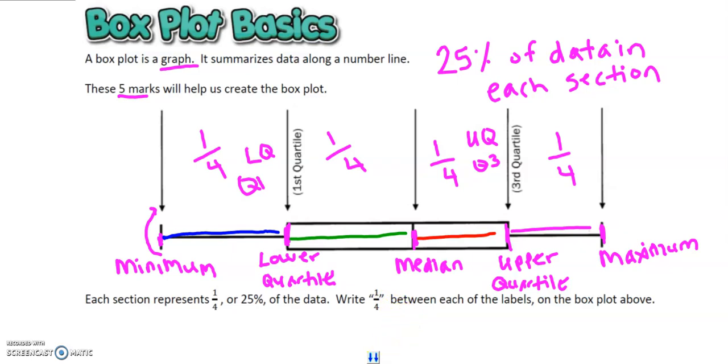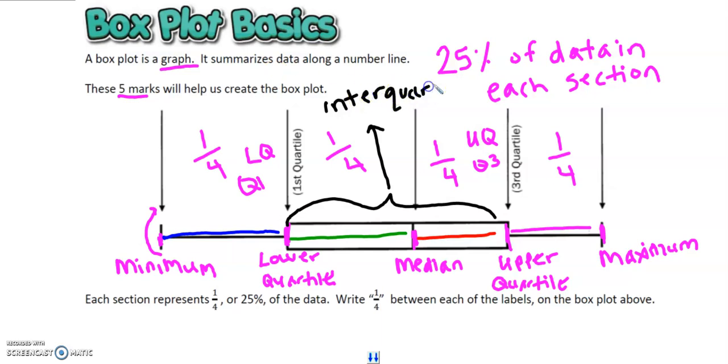One last thing I want to mention is notice this box here. The box is called, I'm going to write it up here so I have more room, the interquartile range.